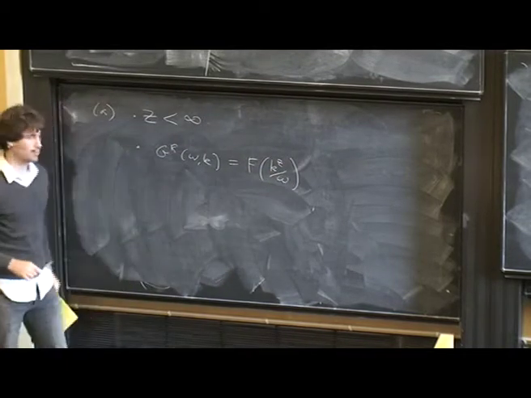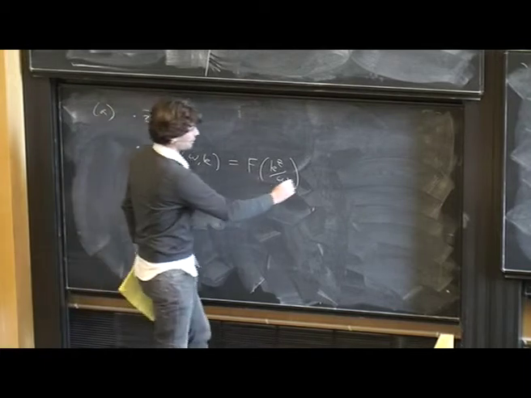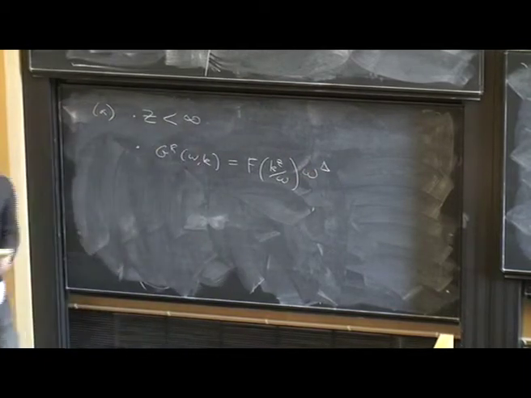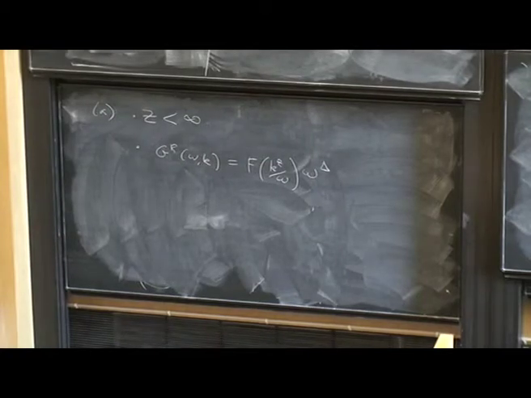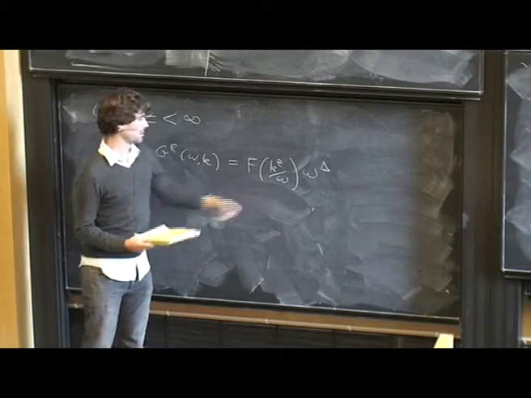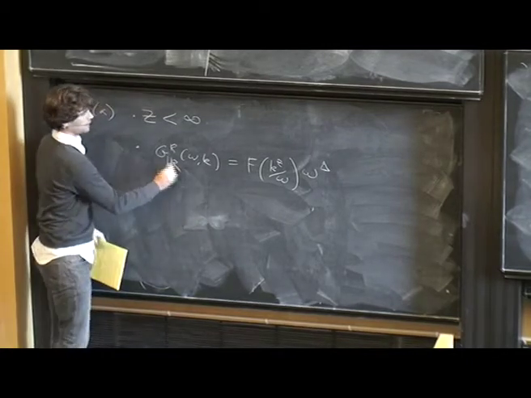That's the relative scaling of space and time. And then there's some overall exponent, let's call it omega to the delta. So the scaling symmetries of the near horizon geometry mean that the IR Green's function has to take this form.